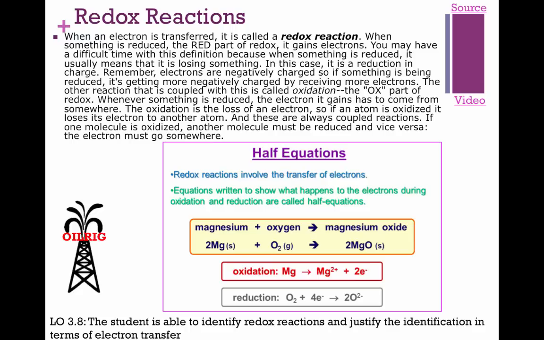And then when something is oxidized, it loses electrons, and so its number increases. So whether you use LEO the lion or OIL RIG is up to you, but that will help you. And so the first thing, again, is to think to yourself, can you assign oxidation numbers? If not, look back. We just did redox a couple weeks ago. Look back at your notes on assigning oxidation numbers.